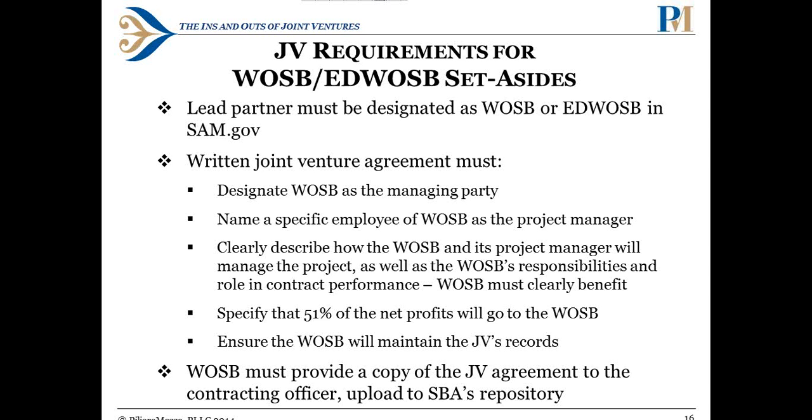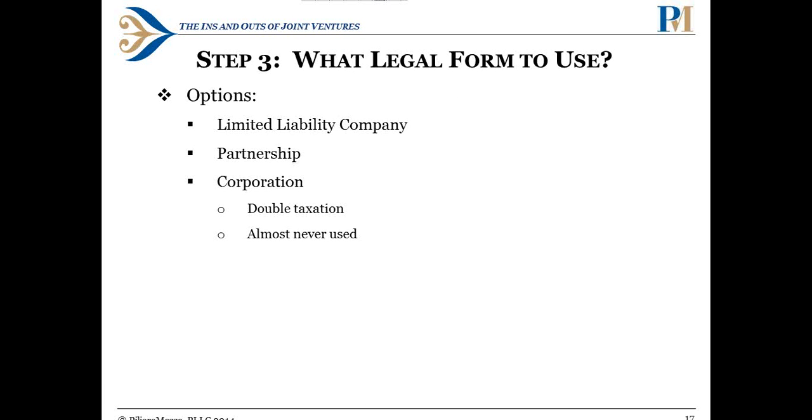So that's just an interesting recent case that we had on a WOSB joint venture. And as those of you who participate in that program know, you have the online repository, so you're going to upload your joint venture agreement. That's a step that's a little different from the other programs, so just keep that in mind.